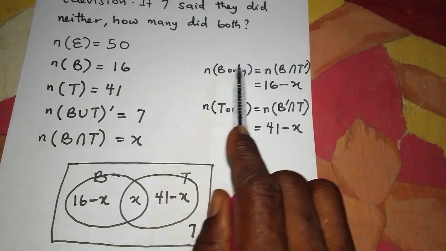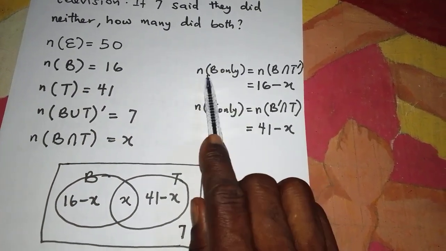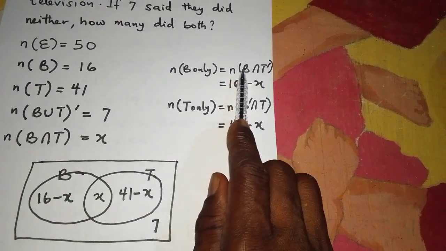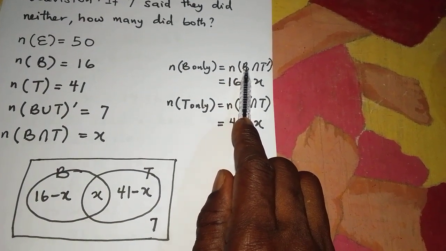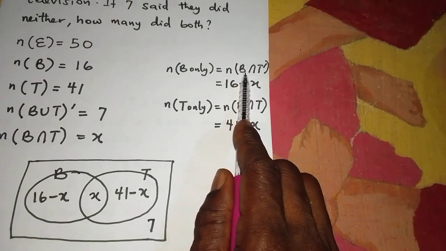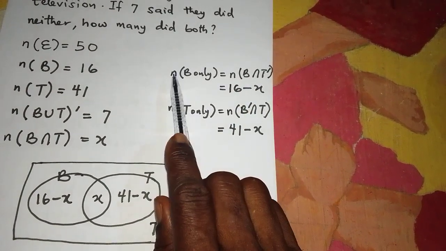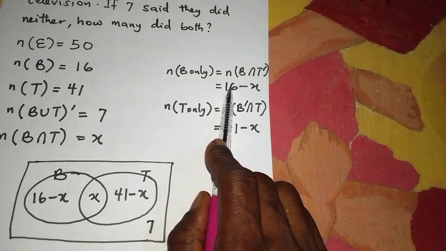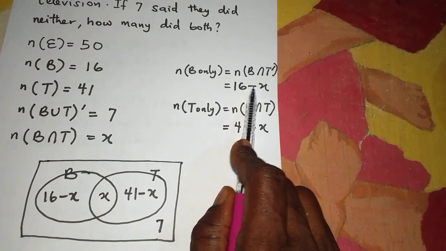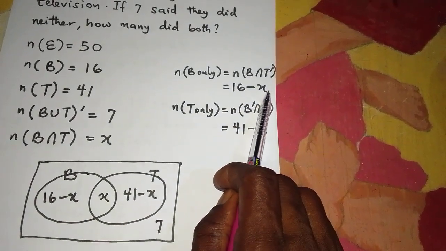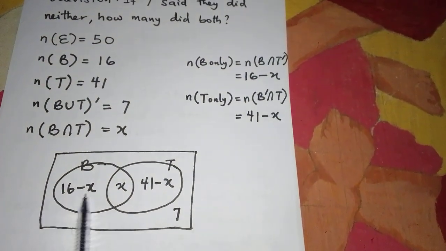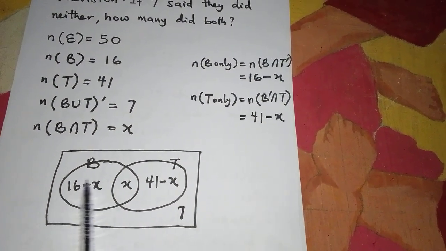But to know those that read their book only, same thing as saying those that read their book intersection T complement, B intersection T complement, same thing as B only. So those that only read their book are 16 minus X. Read their book only.